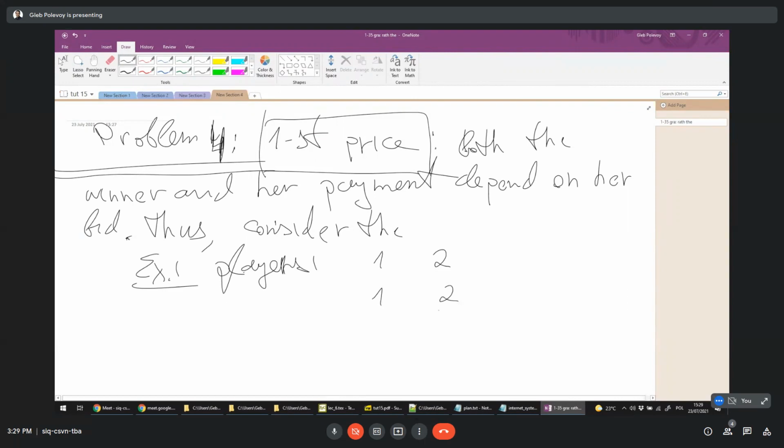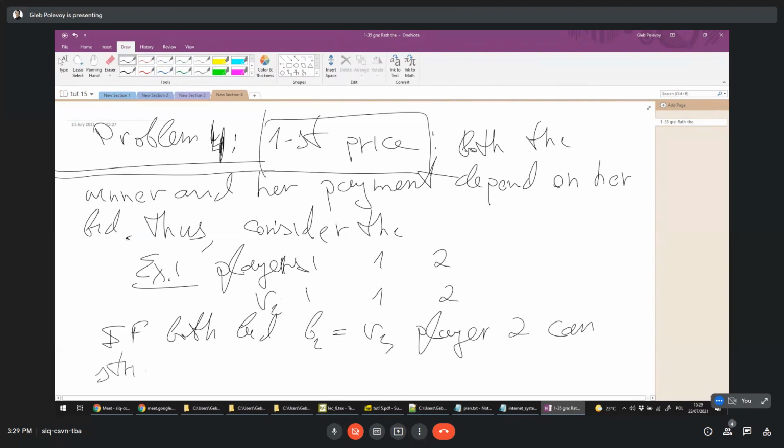Now, if they bid truthfully, 2 can strictly improve. If both bid, b_i is indeed equal to the v_i. So if both bids are equal to the values, player 2 can strictly improve by bidding what?